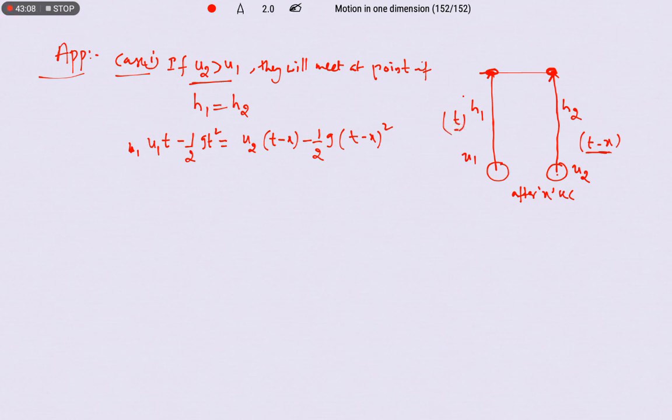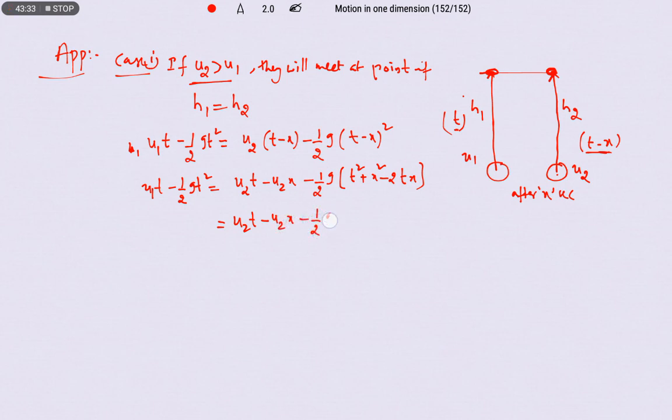So let us simplify this. u1 t minus half g t square equals u2 t minus u2 x minus 1 by 2 g times (a square plus b square minus 2ab), right? u2 t minus u2 x minus half g t square minus half g x square, so minus into minus plus 1 by 2 g into 2 t x, so 2 gets cancelled.